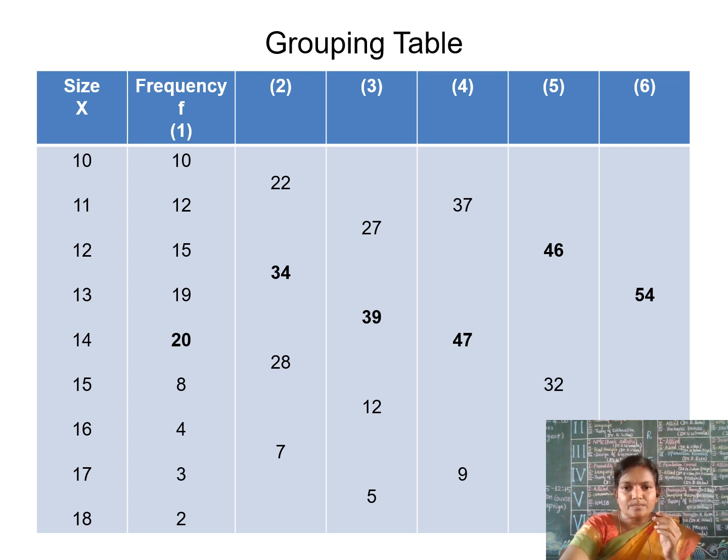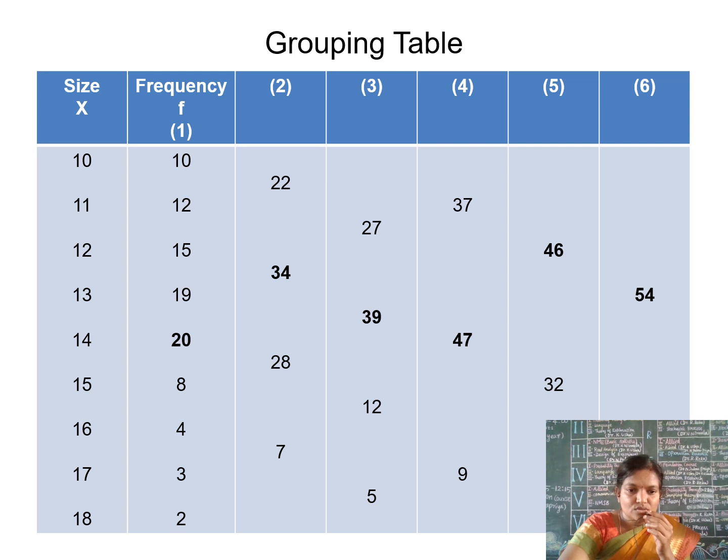The fifth column: you add three values: 10 plus 12 plus 15 will be 37, then 19, 20 and 8, the total is 47, and 4 plus 3 plus 2 will be 9. The sixth column similarly: you just leave the first value, and the remaining three values you add. Here you can see the highest frequency values are highlighted in bold letters.